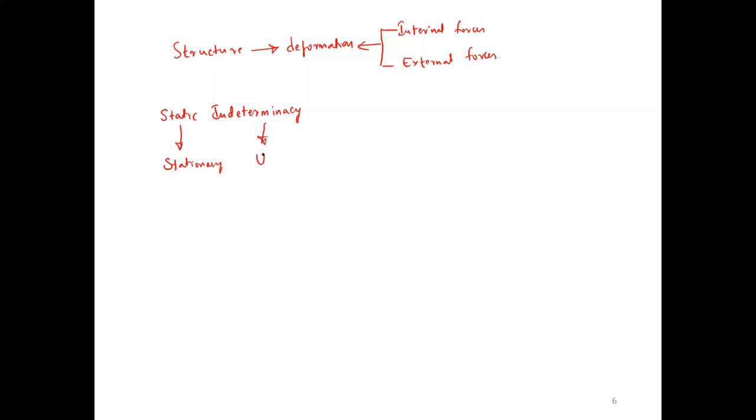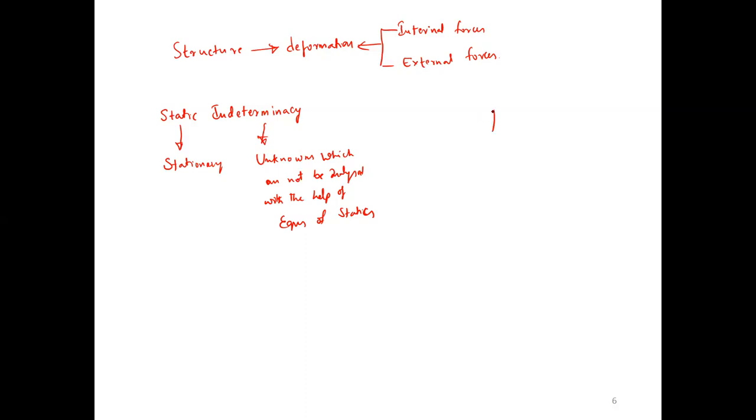These are unknowns which cannot be analyzed with the help of equations of statics. So which means that if you are getting some unknowns, then the indeterminacy can occur.